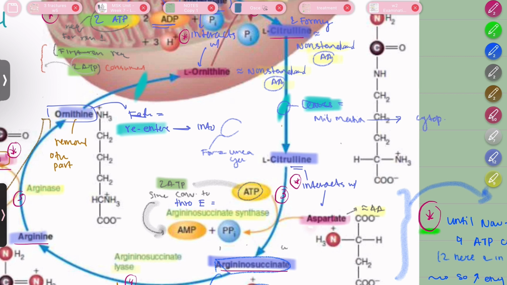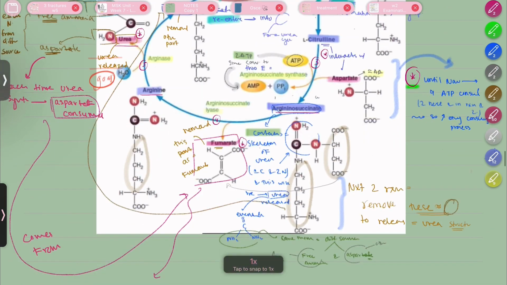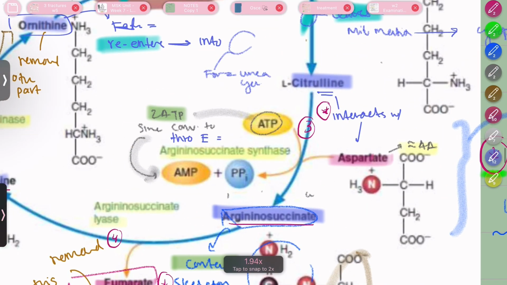Number one, we have incorporated aspartate, which is formed by fumarate, and we will talk about how that occurs. So aspartate gets incorporated in reaction number three, plus two ATPs get consumed, meaning now that we have achieved the 4 ATPs that are supposed to be consumed throughout the urea cycle.